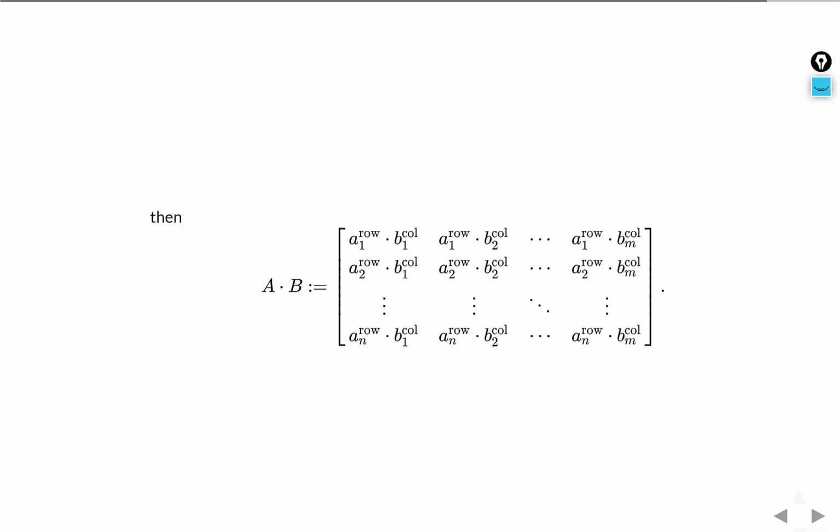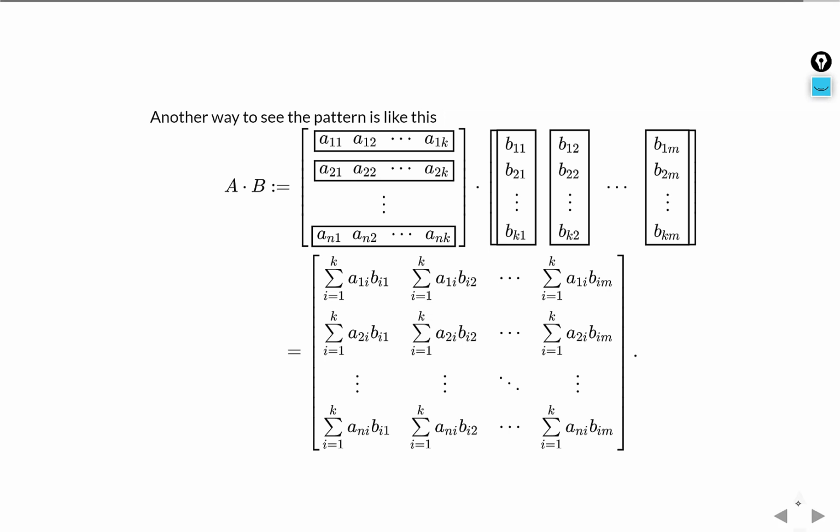We have the corresponding row of A times the corresponding column of B. Another way to see this pattern is by partitioning A into its rows and partitioning B into its columns. And in the result, we see that each entry of the matrix product is the summation over the common index over rows of A and columns of B.